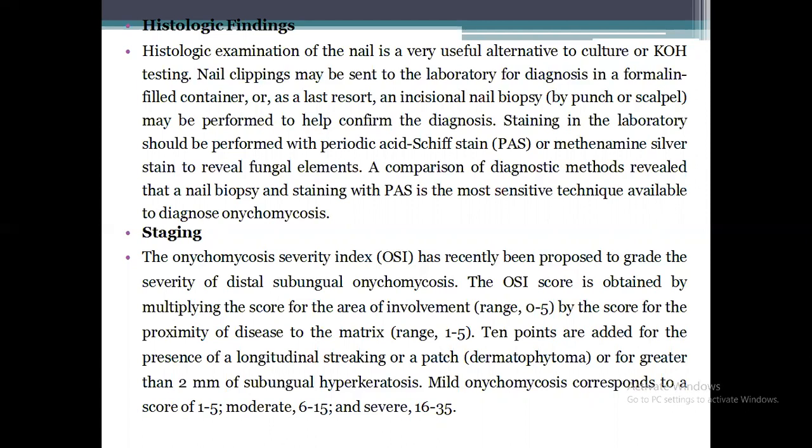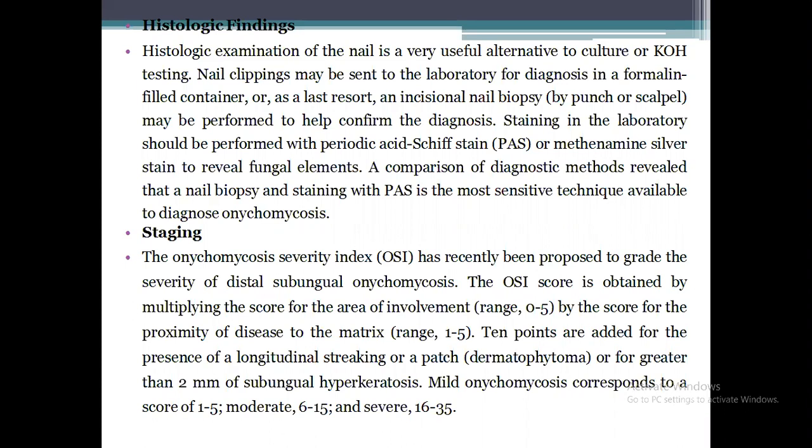Staining in the laboratory should be performed with periodic acid-Schiff stain, PAS, or methenamine silver stain to reveal fungal elements. The comparison of diagnostic methods revealed that nail biopsy with PAS staining is the most sensitive technique available to diagnose onychomycosis. So these are the diagnosis methods.